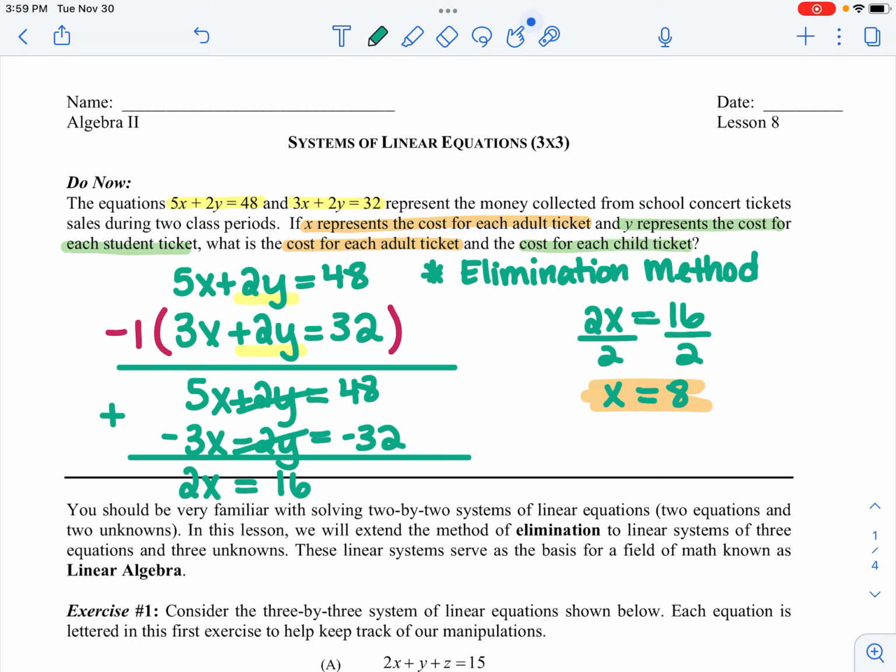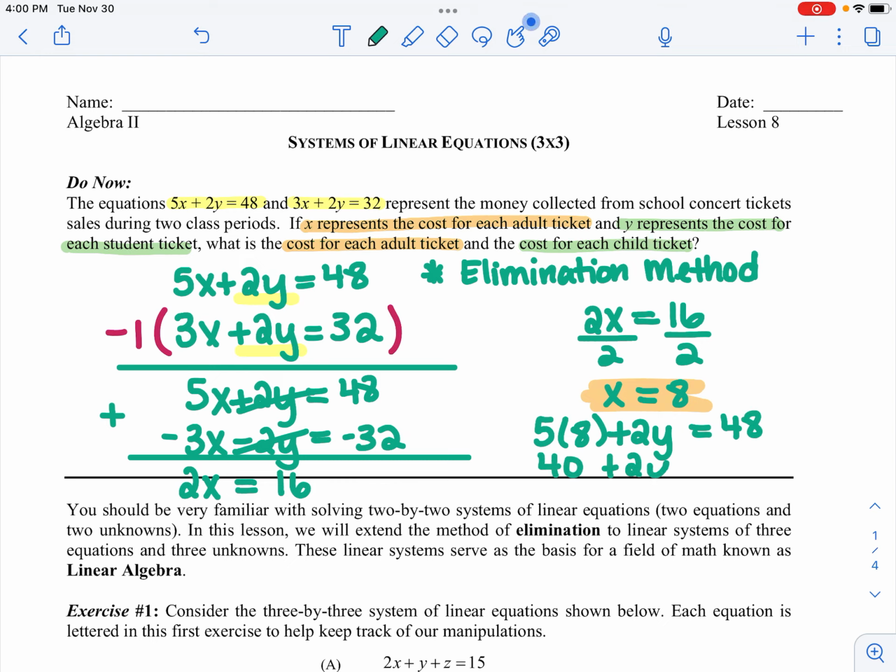Now we also need to find the cost of each child ticket, which is what Y represents. So I would go back to my original equations, pick one of the two equations, and substitute in 8 for X so we can solve for Y. I'm going to take that first equation: 5 times 8 plus 2y is equal to 48.